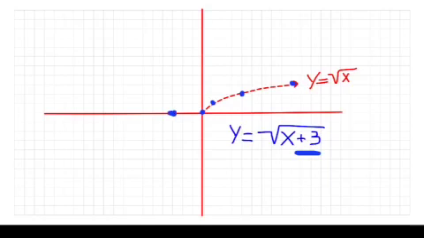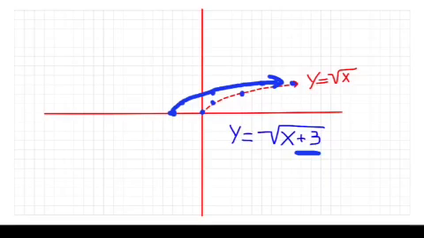So there is the end point moved 3 left, and the next point. I'm taking each point that I have now, and I'm moving it to the left 3 places from where it's currently located. When I do that and sketch in the graph, again, the shape doesn't change, it's just shifted to the left 3. And had it said minus 3 instead of plus 3, we would have moved it to the right 3.